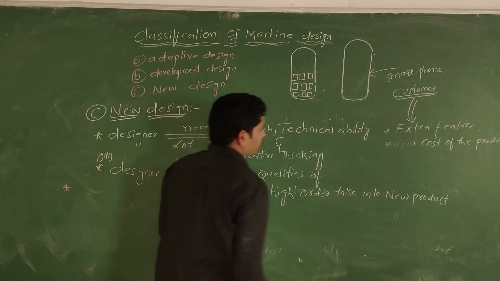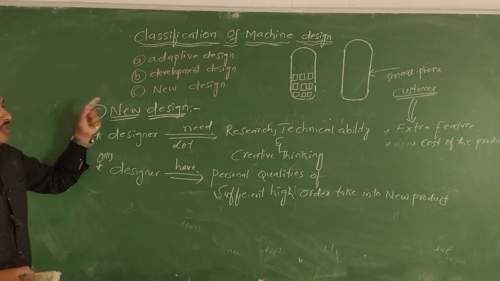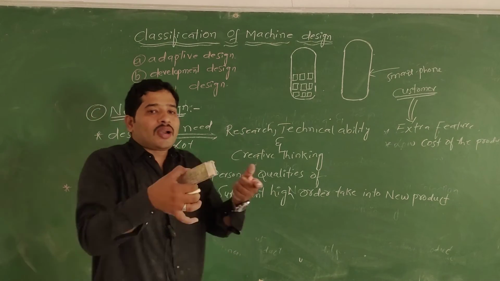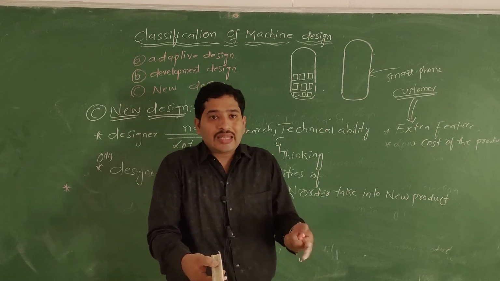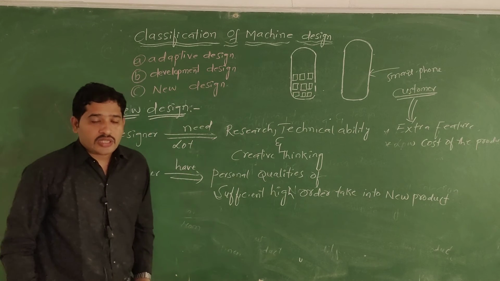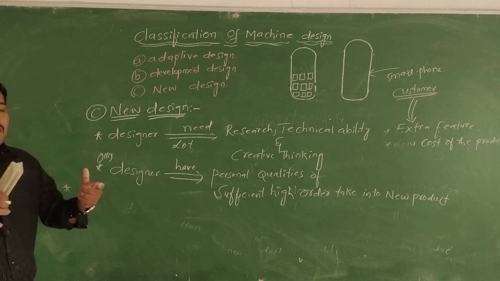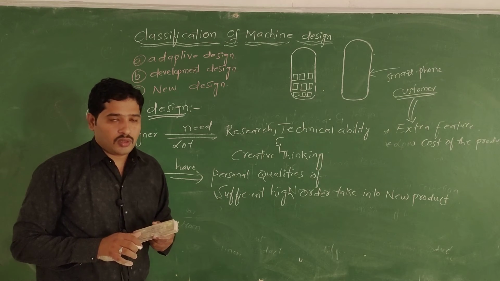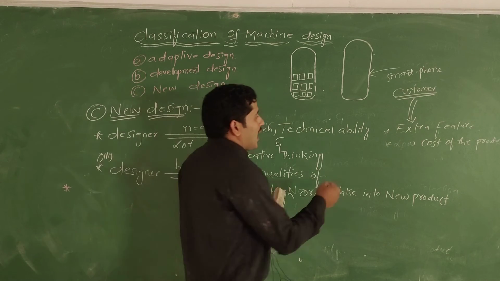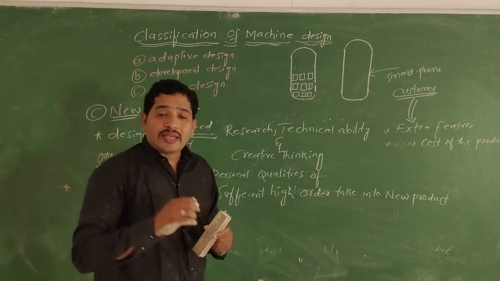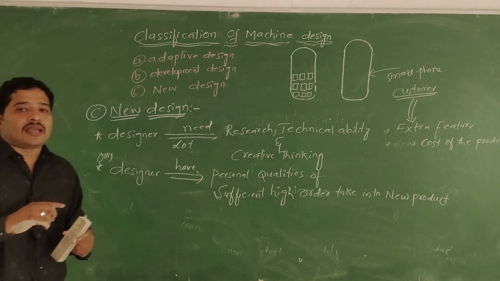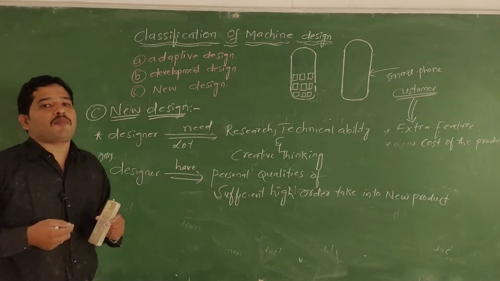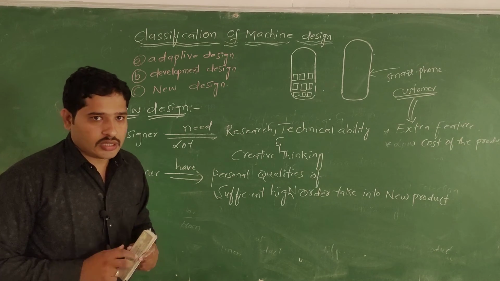Let us see here. In the new design, such a type of design does not exist in the market. We just need to survey the market for which type of design is not available. First thing. And second thing is whether the demand for that product is there or not. If it is there, then we have to make the prototype model. Is it right?